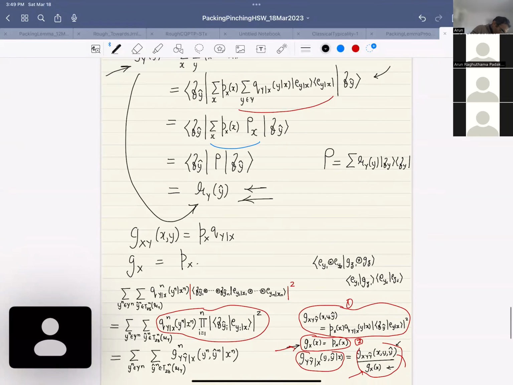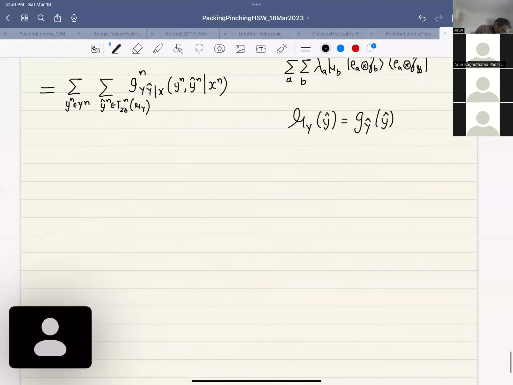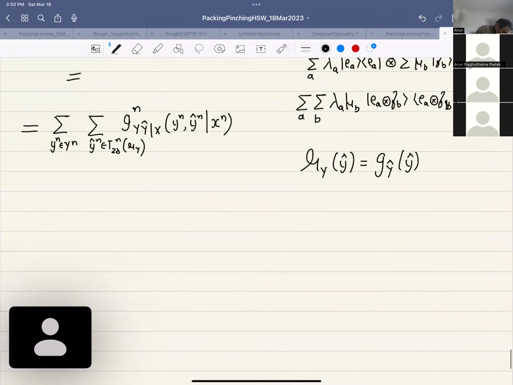Okay, so can I do this? Instead of saying y hat n belonging to T2 delta n ry, can I say g y hat? Because the distributions are indeed the same. How can the typical sets be different? They have to be the same.